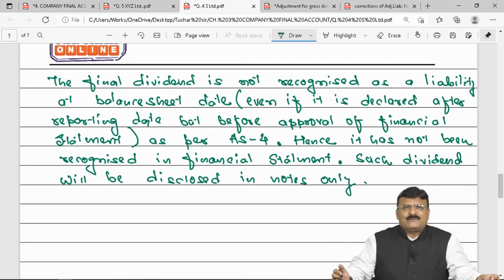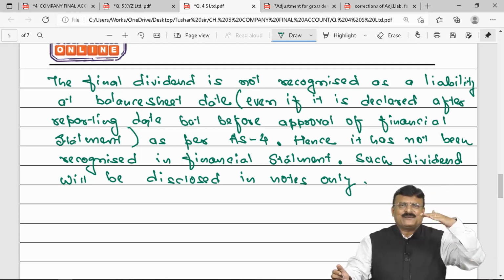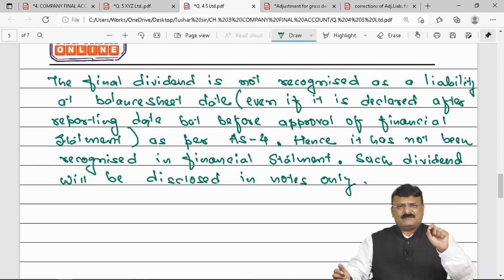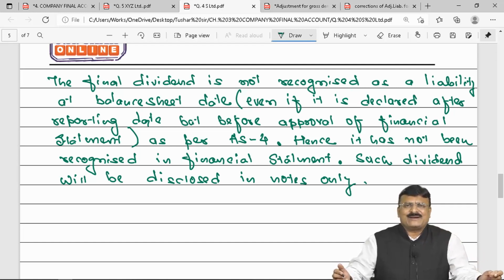We now take full length sum discussions where a trial balance is given, adjustments are given, and you have to prepare Schedule 3, face of balance sheet, face of P&L statement, and notes to accounts. A very important point to be noted down by you here is, for your exams, Accounting Standard 4, AS4, has given a specific change regarding dividend declared by the company.